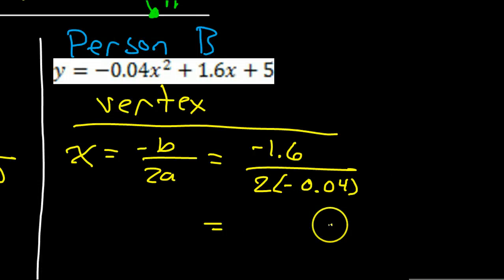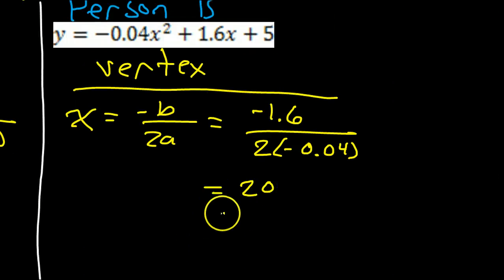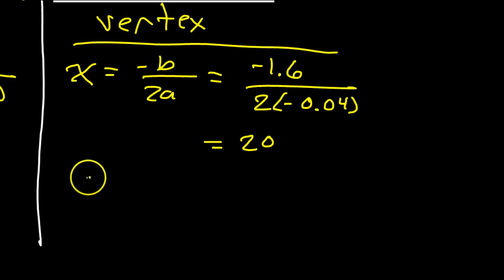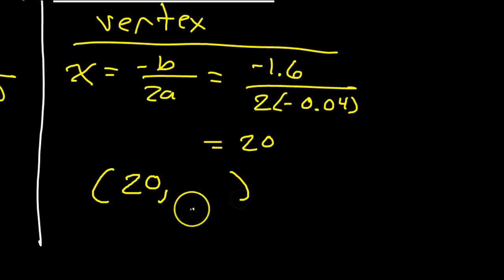That's 20. Okay, so that's the x-coordinate, the horizontal distance. Okay, so it's 20 comma something. And this is feet. I should be consistent. So horizontal distance of 20 feet.